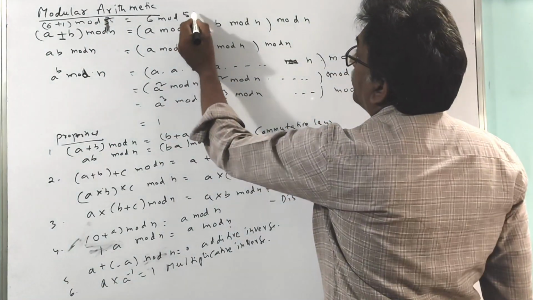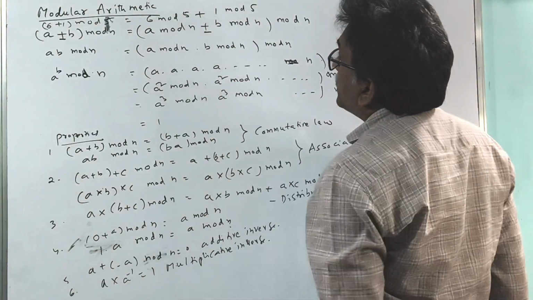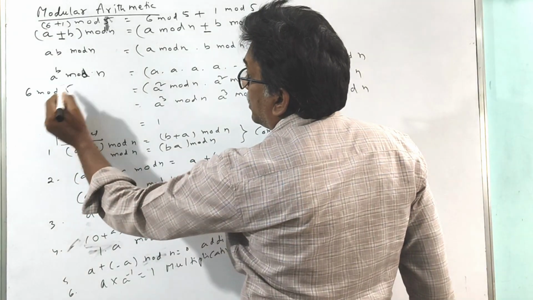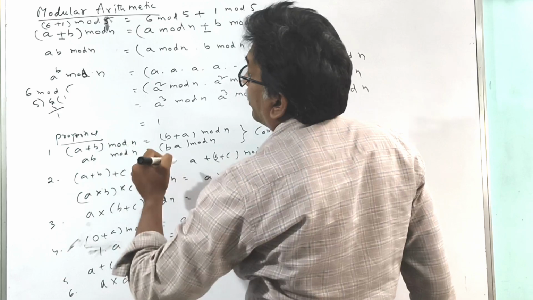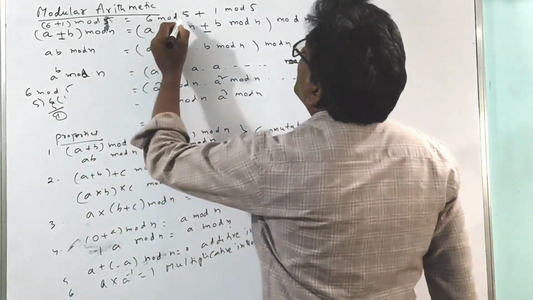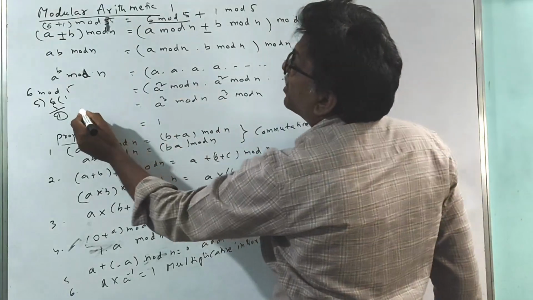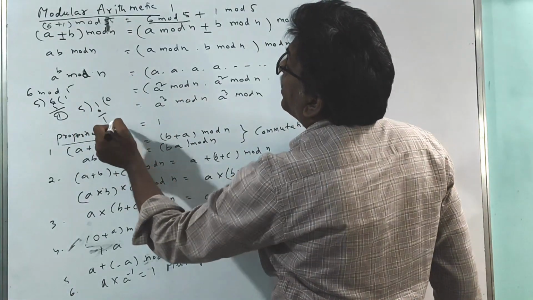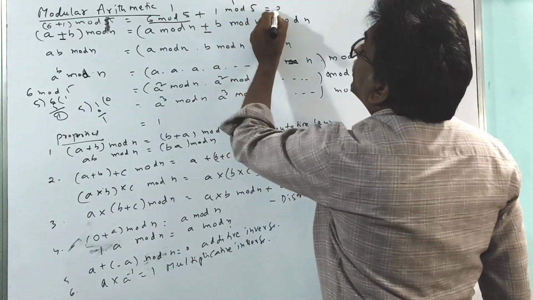Okay, 6 mod 5 plus 1 mod 5. 6 mod 5 means 6 divided by 5: one 5 is 5, remainder is 1. So 6 mod 5 value is 1. And 1 mod 5: 1 divided by 5 is 0, remainder is 1. 1 mod 5 is 1. So 1 plus 1 is equal to 2.